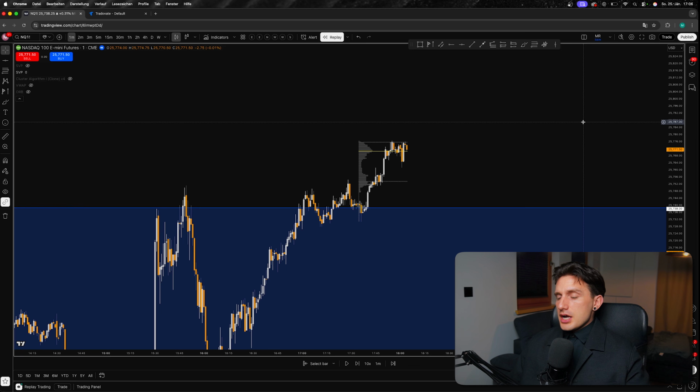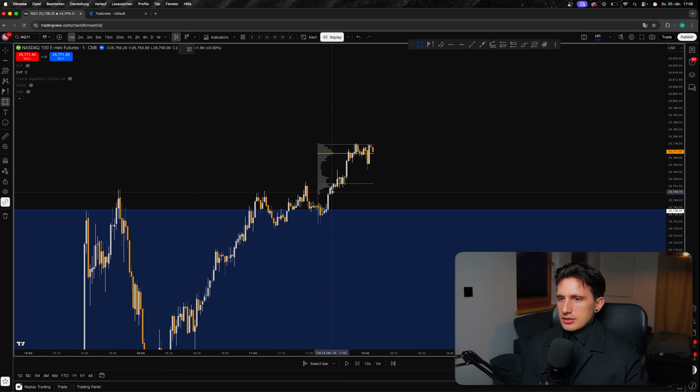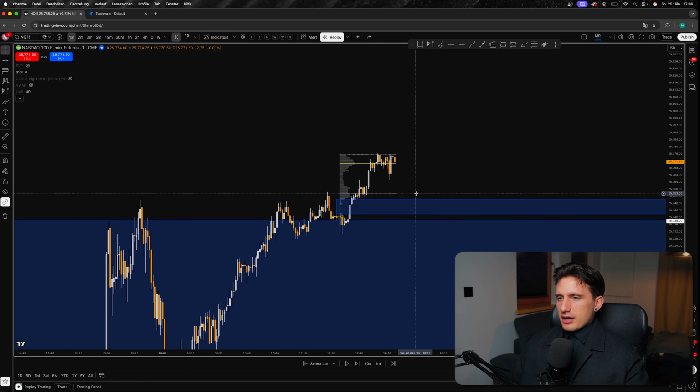I know that I'm only looking for longs because we are outside of value. What I'm seeing here is a low volume node down here, and we see value area low down here. That's an accurate spot to look out for longs, no question about it. So I'm drawing this out, and then I'm only waiting for the market to come back here.